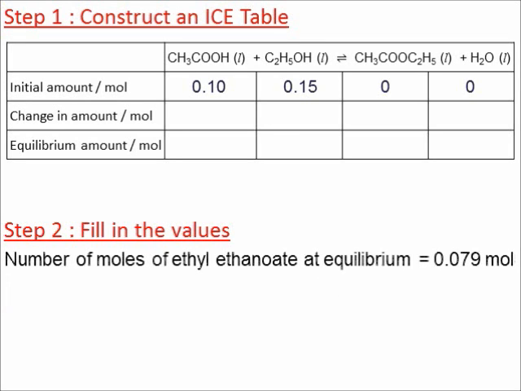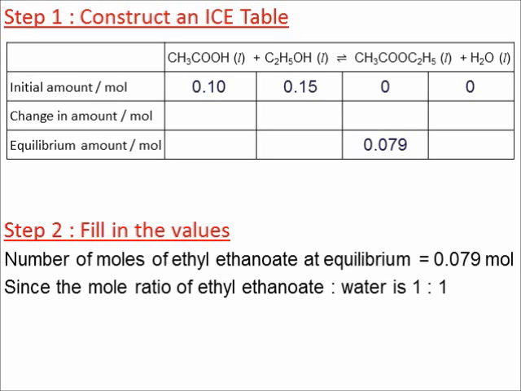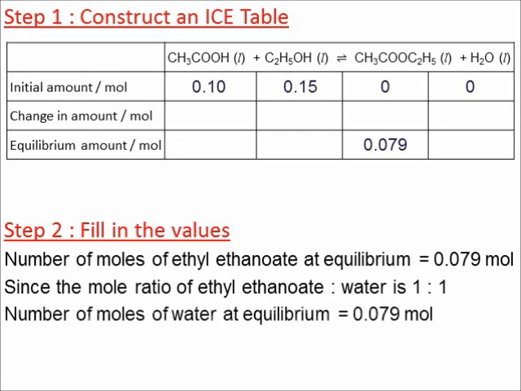The amount of ethyl ethanoate at equilibrium is 0.079 mole. This was given in the question. And from the stoichiometry of the reaction, the amount of water formed is also 0.079 moles. These values belong in the third row of the ICE table.